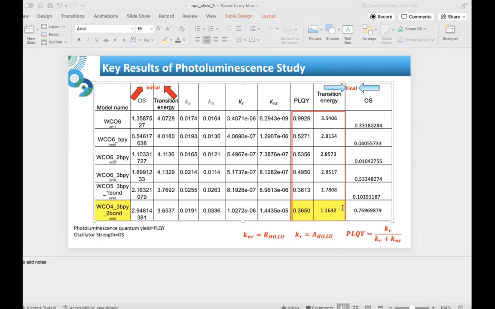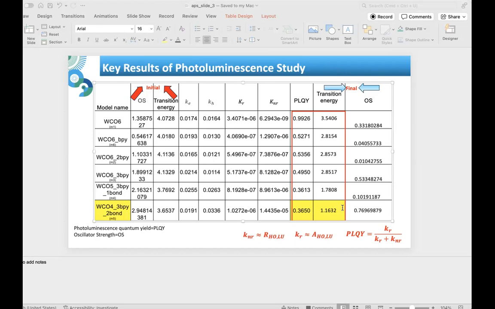Therefore, the observed PLQY of that tungsten 3 bipyridine with a double bond, we can consider as a potential candidate for efficient light emitting applications. Another fact is that this model has higher PLQY compared to the others.